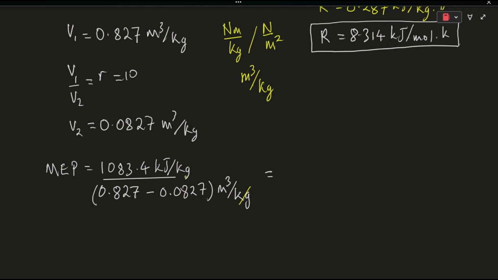So our kilogram cancels out, and we're going to have, so our mean effective pressure is 1,456 kilopascal. So that is our answer.